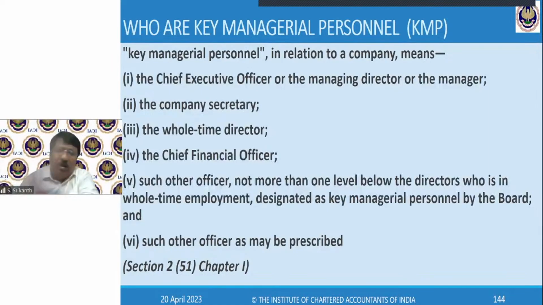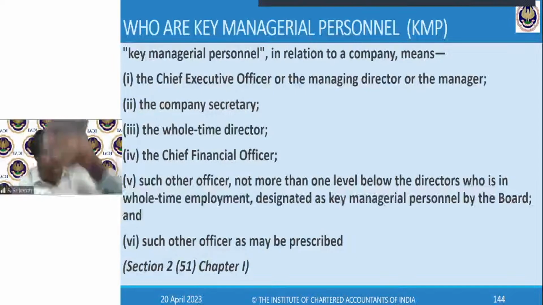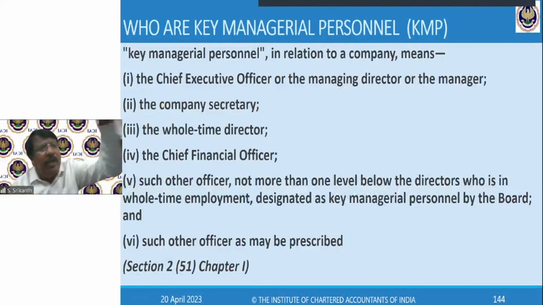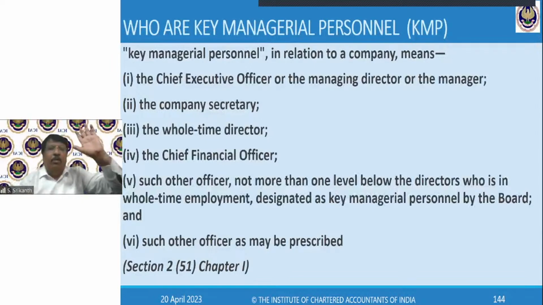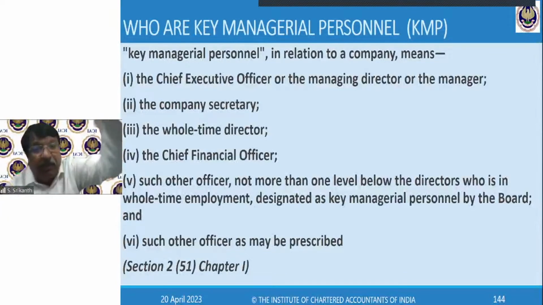And this manager is a funny creature. When we come to the next class, I'll be teaching you managerial remuneration. At that time, we'll talk more about MD and manager. But a chief executive officer could be a high-paid employee. If he is appointed as a CEO, he becomes a KMP also.